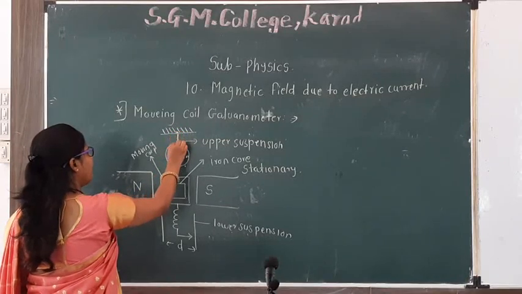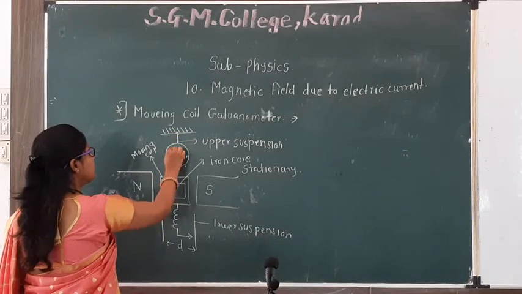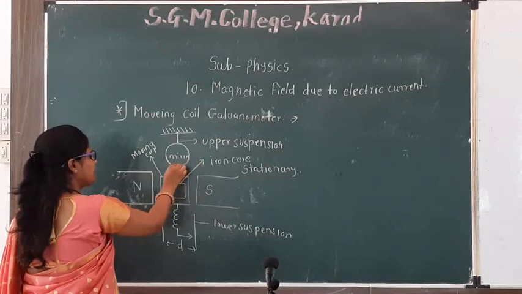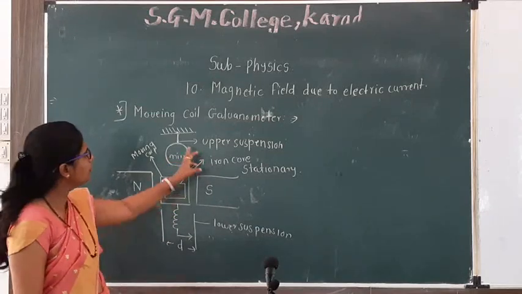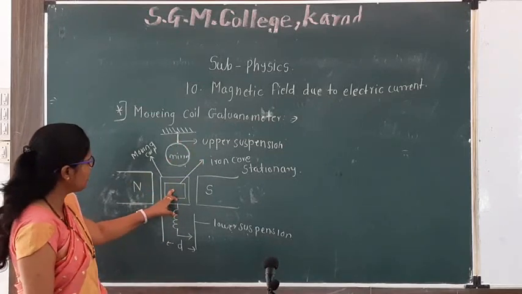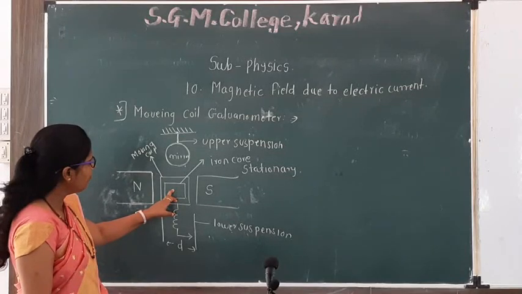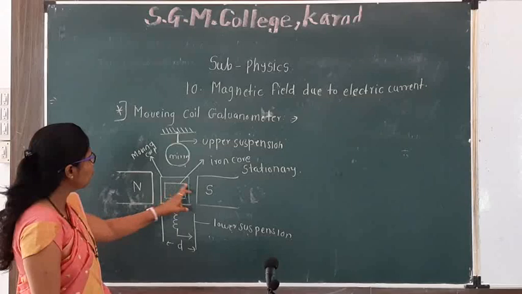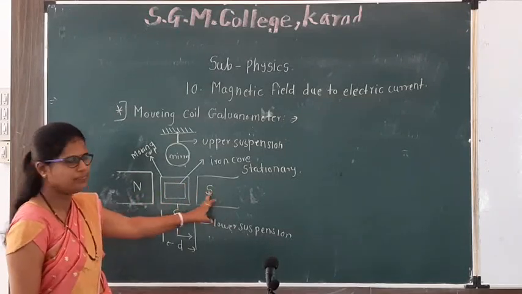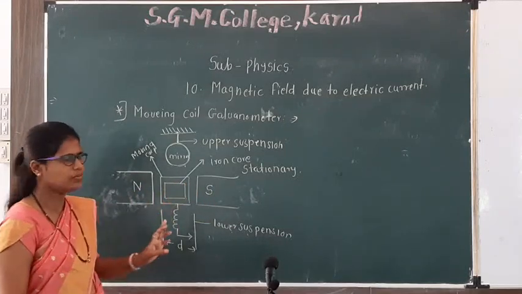This moving coil galvanometer consists of several turns that are mounted between the two pole pieces of the magnet, north and south poles.